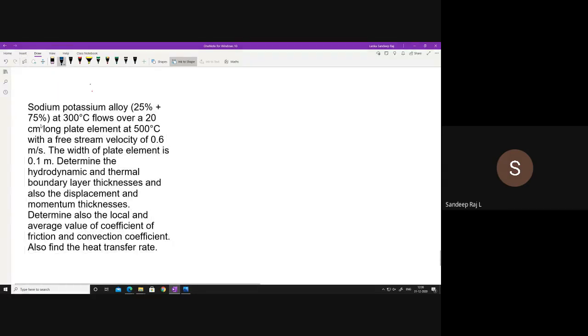In this problem, we have a different kind of material here: sodium potassium alloy, 25 and 75%. Sodium, that is Na, and potassium, represented with K. It is 25% and 75%.